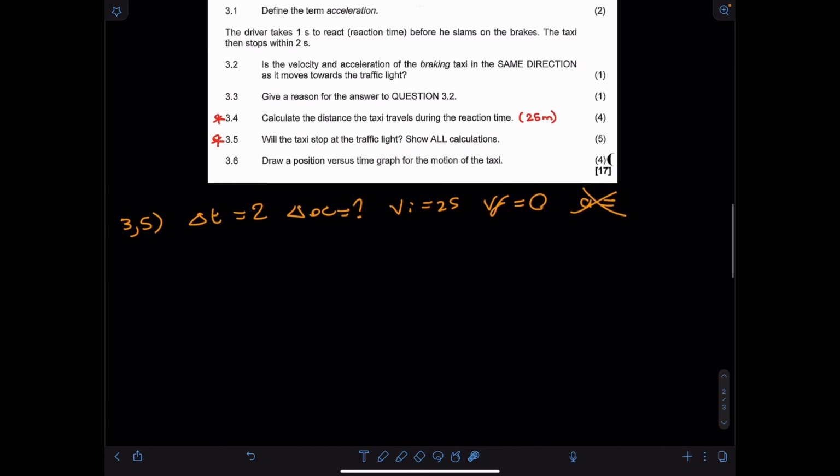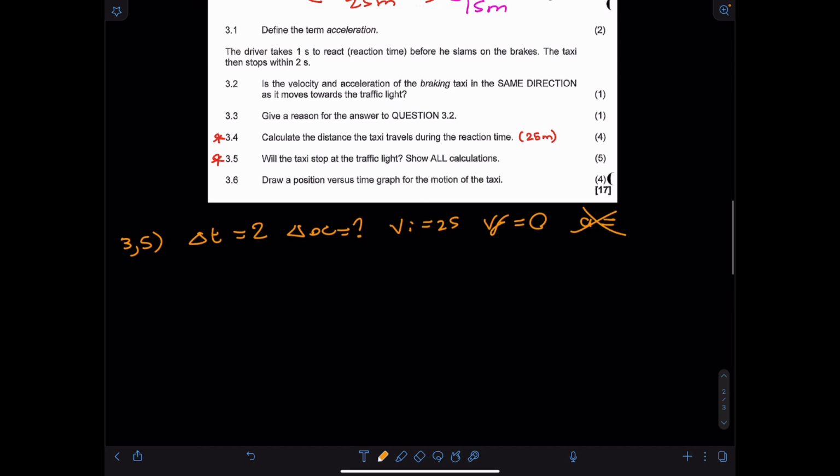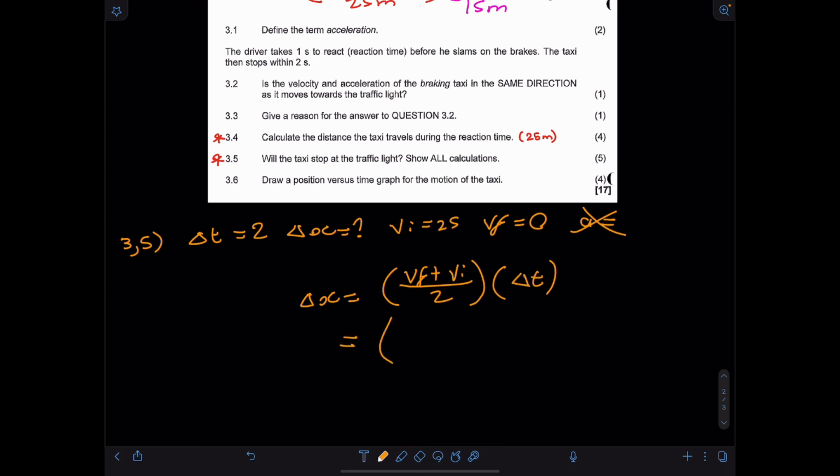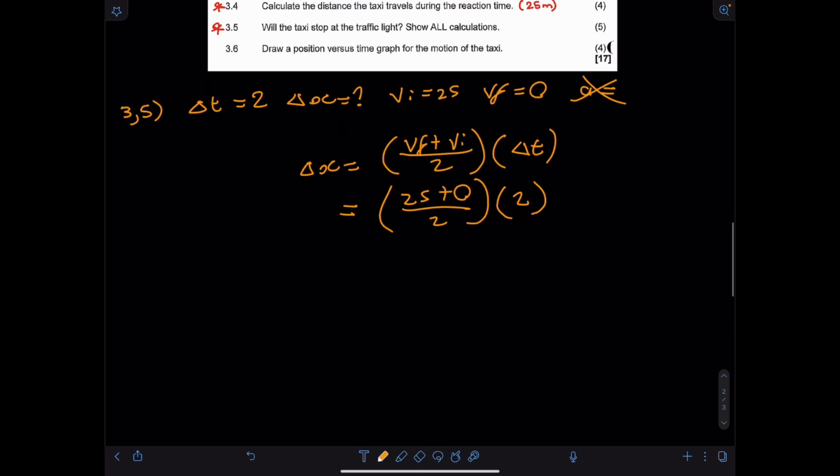So let's go ahead and write that out. Delta x equals Vf plus Vi over 2 multiplied by delta t, which equals 25 plus 0 over 2, and your change in time here is going to be 2, right?